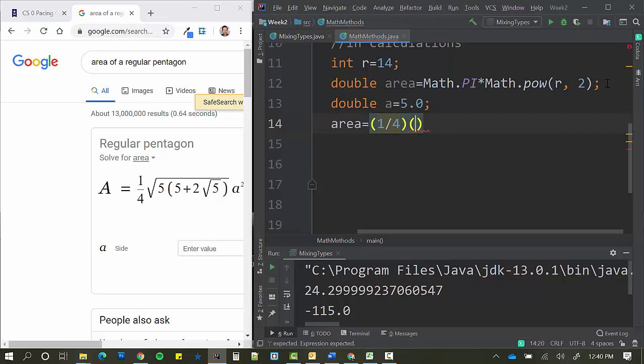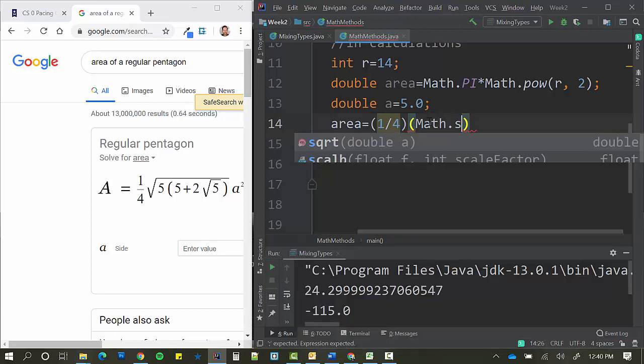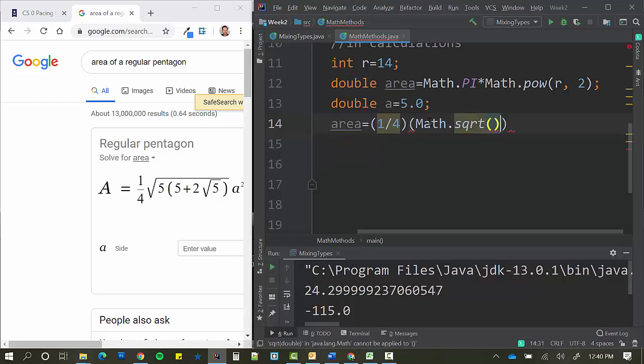And then in these parentheses, I've got this whole Math.sqrt thing right here. Okay, so Math.sqrt, and it's got to take something in there as well.